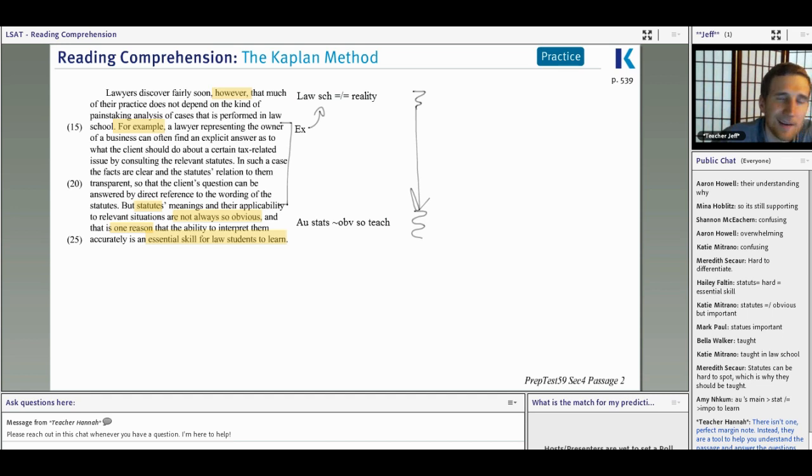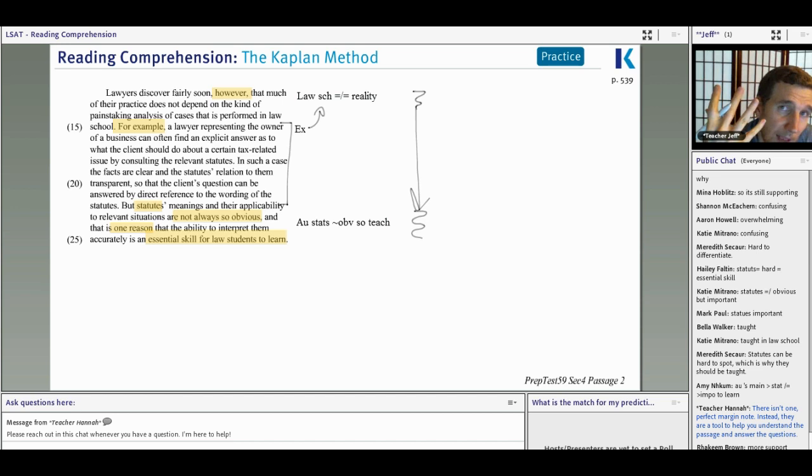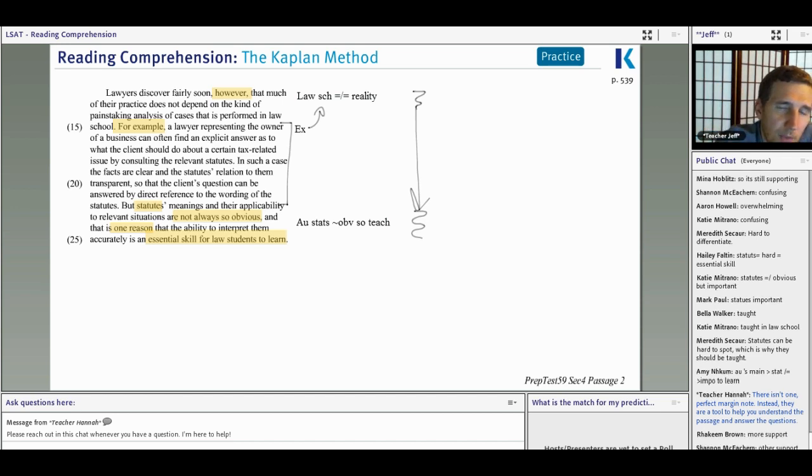And I know Aaron was talking about the extra highlights, but I appreciate all the answers that everyone's been giving me throughout. Okay, where do you think the author is going to go next? Considering the author has given some support for why statutes should be taught, and I will tell you that there are 4 paragraphs in this passage, and we're moving on to 3. What do you think the author is going to do?